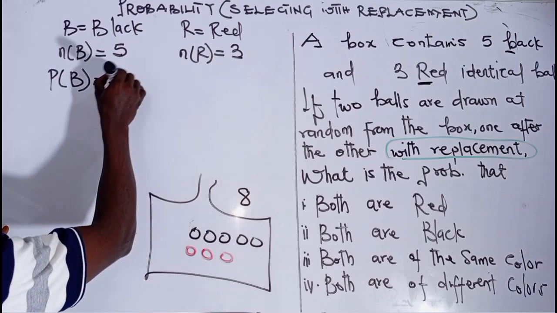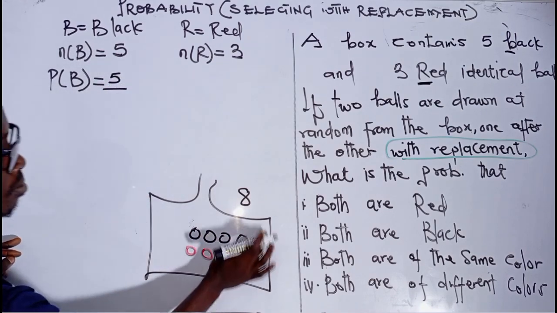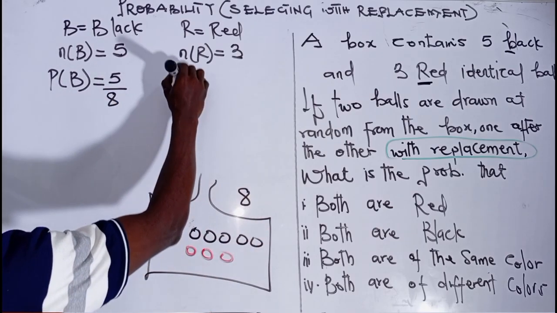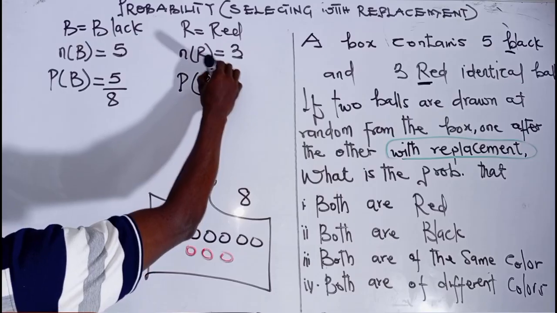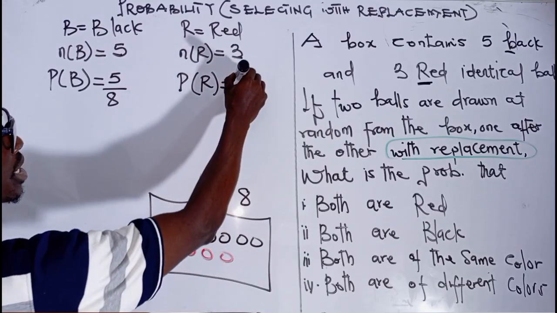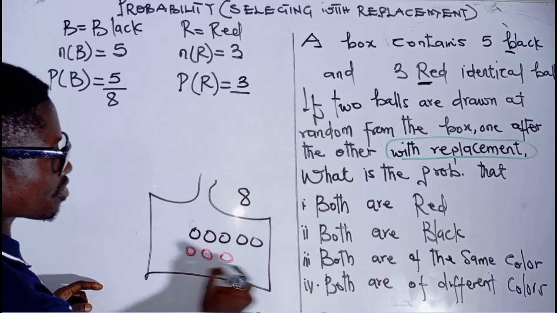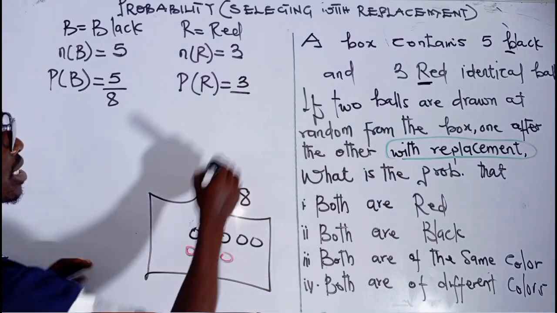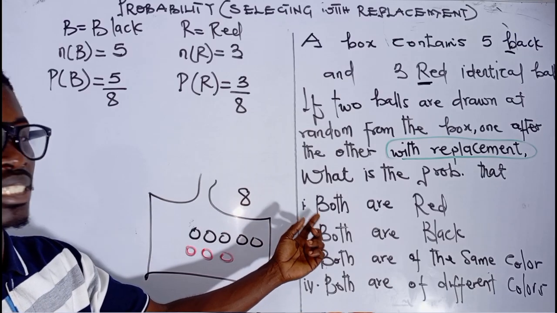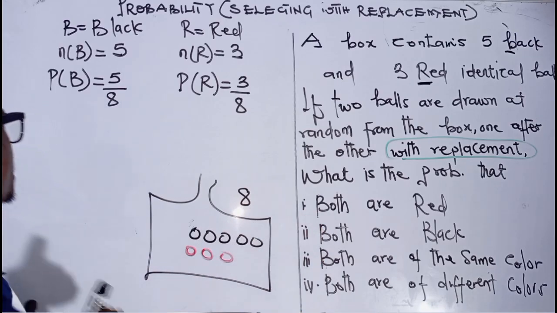So we have 5 over 8. Then the probability of picking a red ball is the number of red balls, 3, over the number of balls in the box, 8. Now we can proceed to our first question, which is part I.